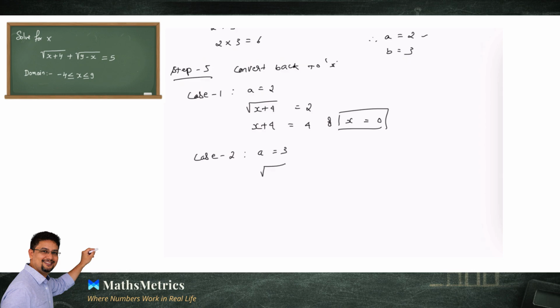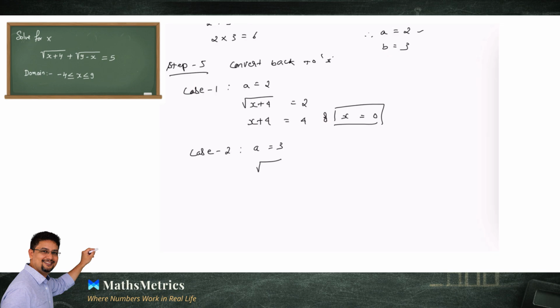Square root of x plus 4 equal to 3, or x plus 4 equal to 9. x is equal to 5. So we can write the roots as x equal to 0 and 5.